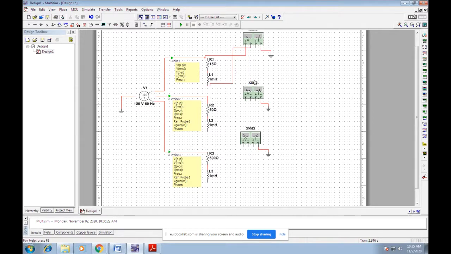Okay. And similarly, connect the voltage across the resistor and the negative to the end of the inductor, as we have done previously for the resistor.